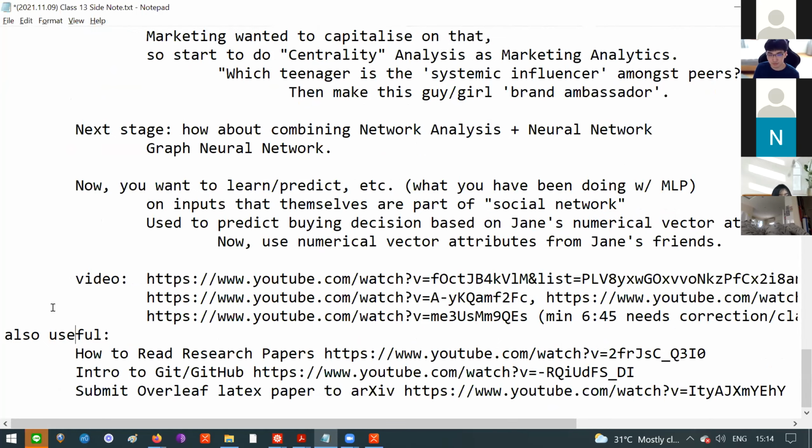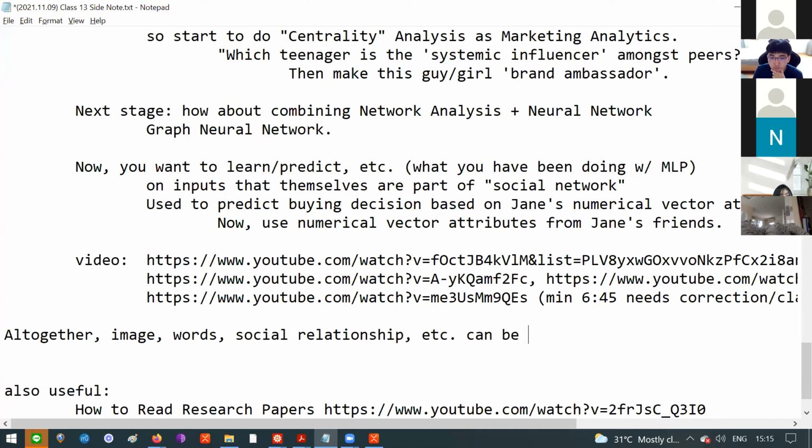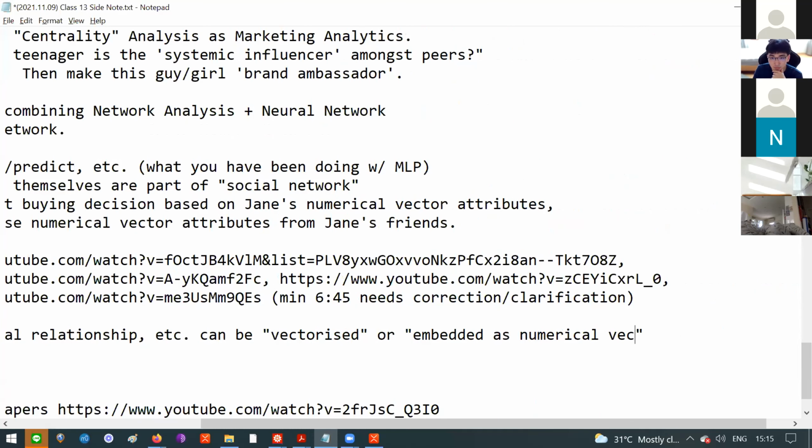All together, image, word, relationship, and also something like songs, etc., can be vectorized or embedded as numerical vectors.